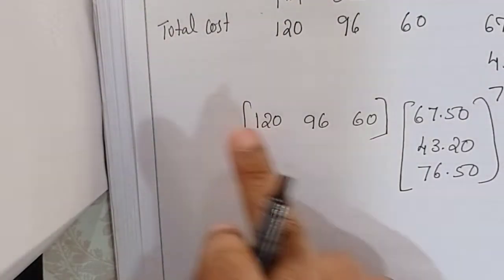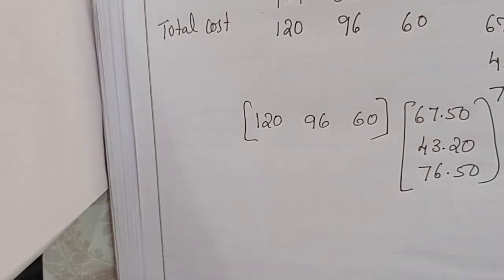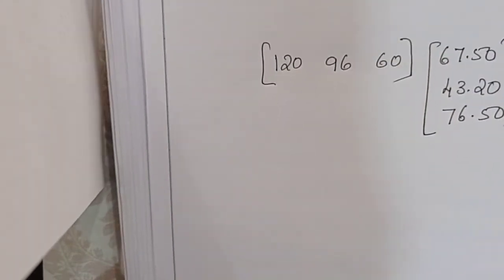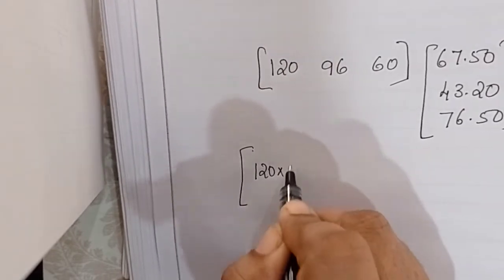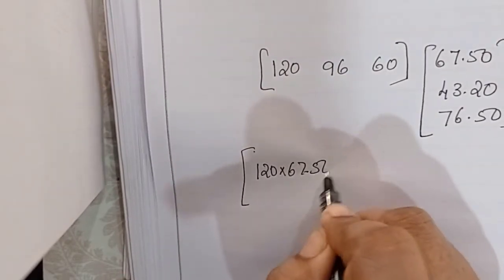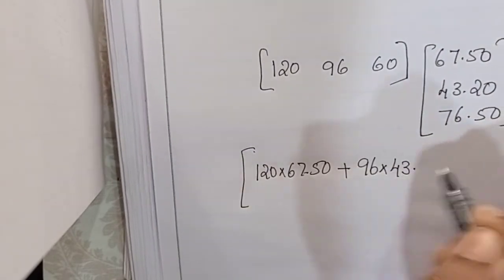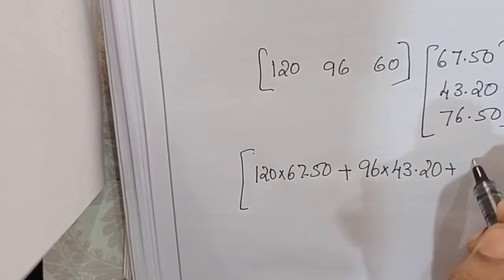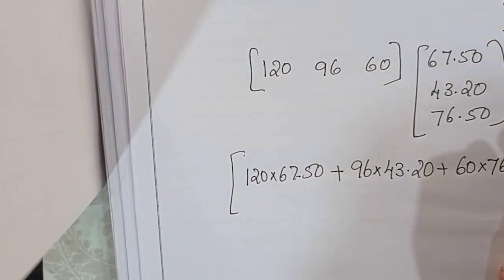Okay. First row into first column gives the first element. Then how can you multiply? All of you write: 120 into 67.50 plus 96 into 43.20 plus 60 into 76.50.